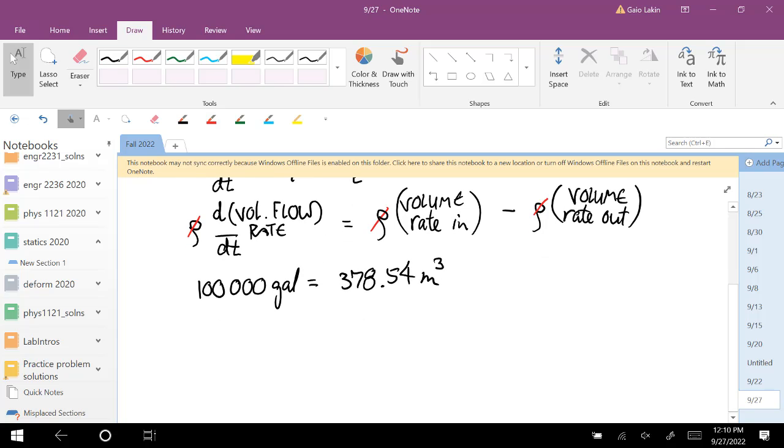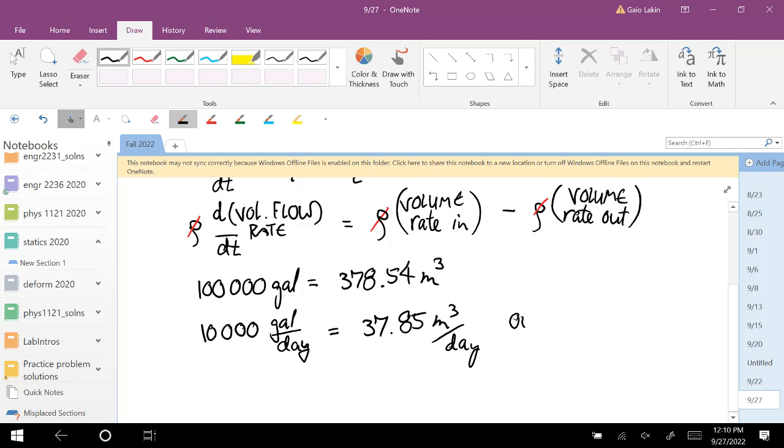The average usage per day is 10,000 gallons per day. That's out, and that's 37.85 cubic meters per day.